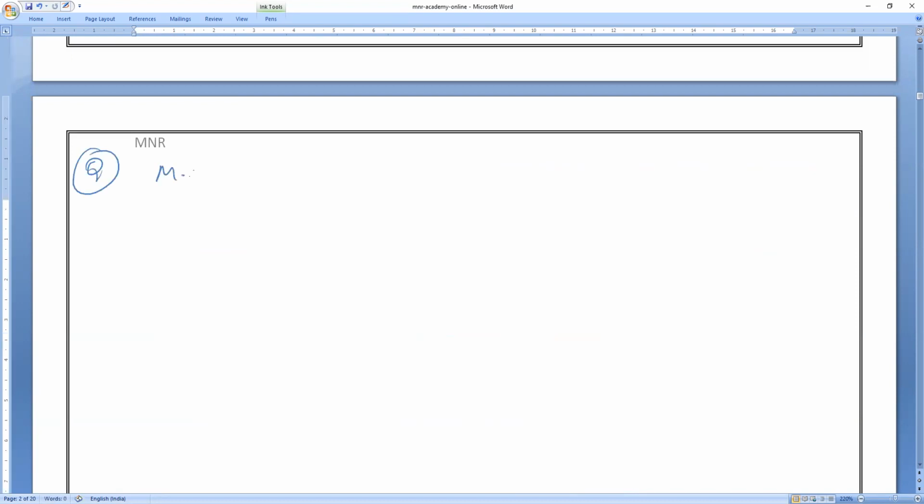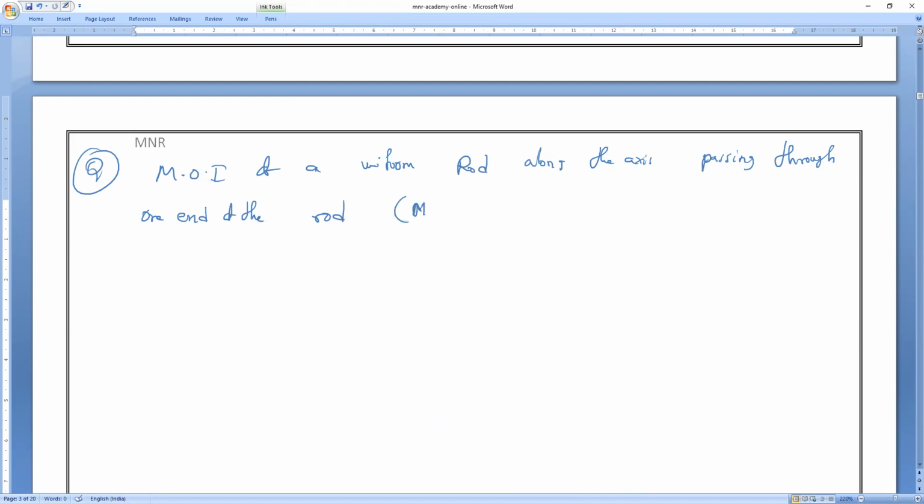So calculate the moment of inertia of a uniform rod. A rod is one-dimensional. So a uniform rod along the axis passing through one end of the rod, having total mass m and length L. Clear, everybody?